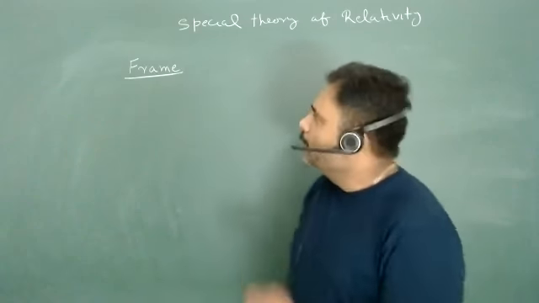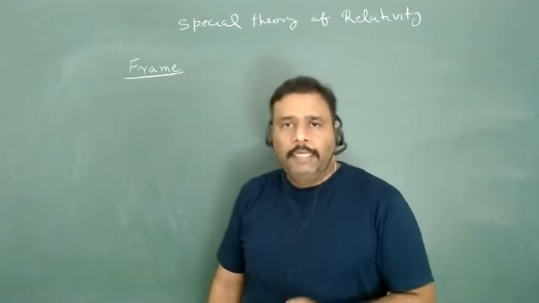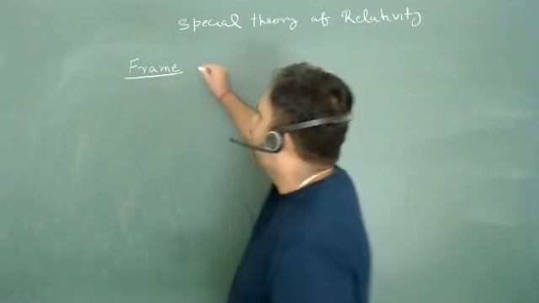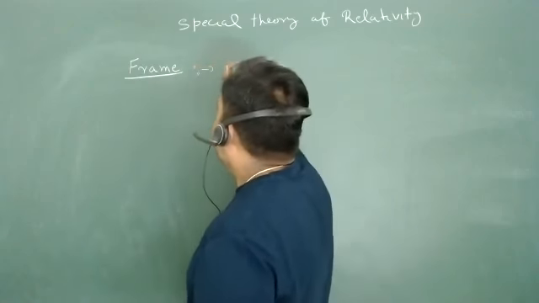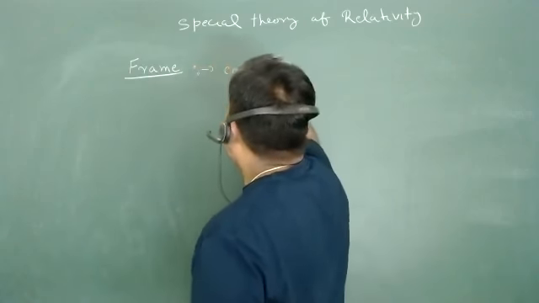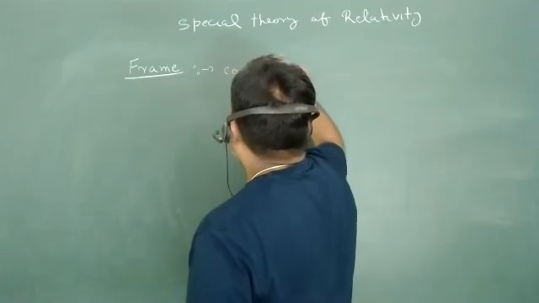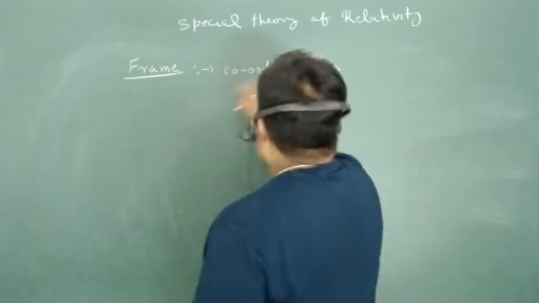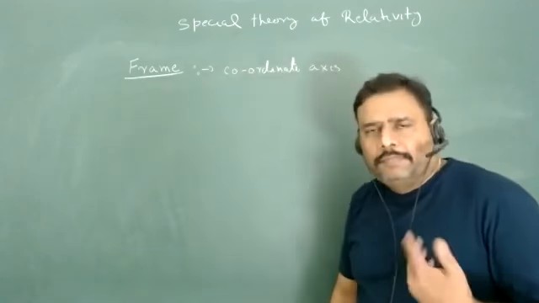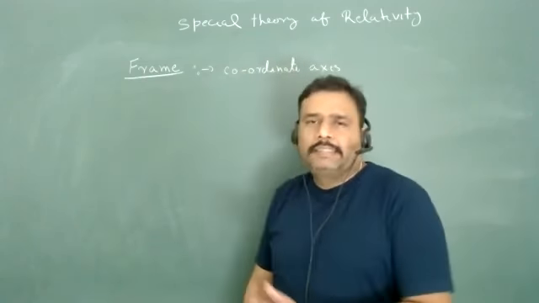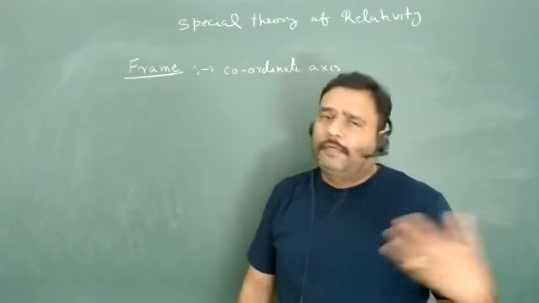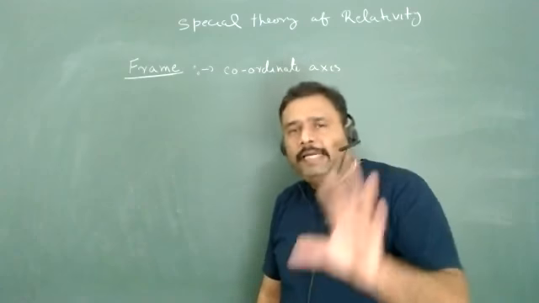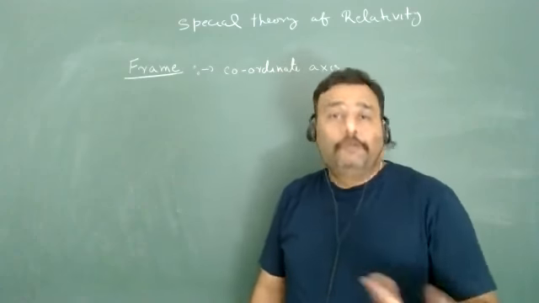But if I am talking about a frame in general, I am talking about one coordinate axis. This coordinate axis is not spherical, polar, or cylindrical. Just one Cartesian coordinate system is attached to one particular frame.